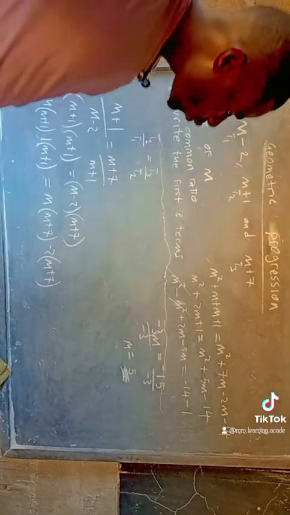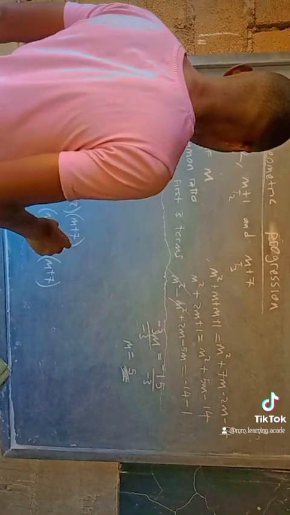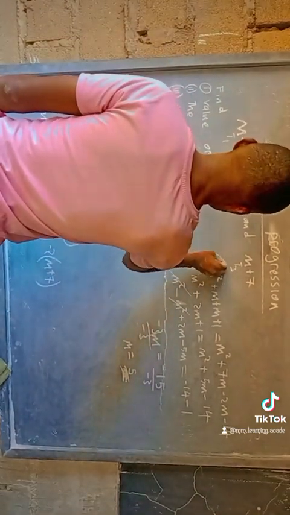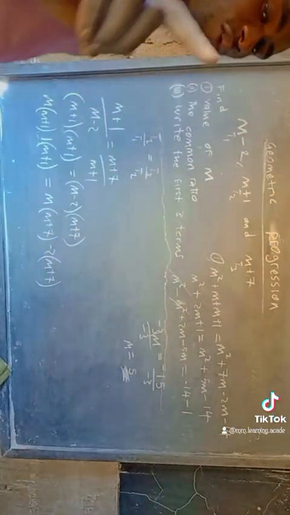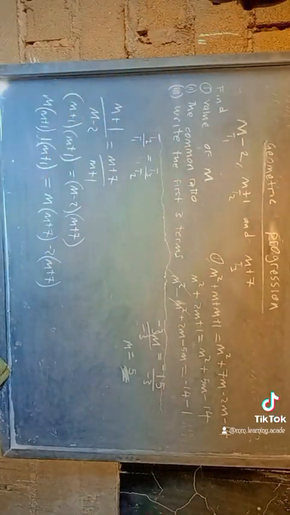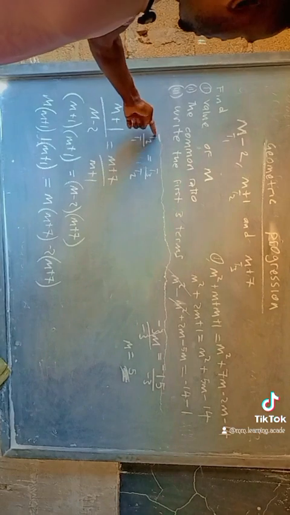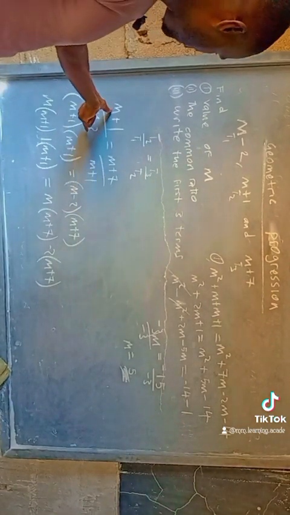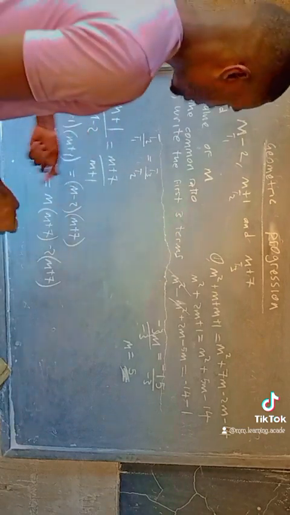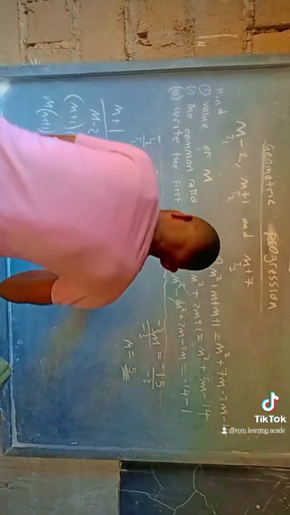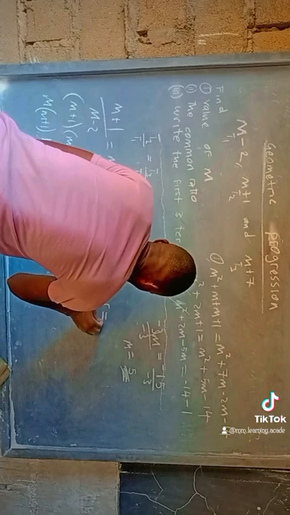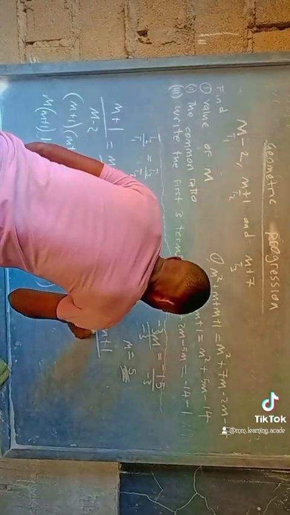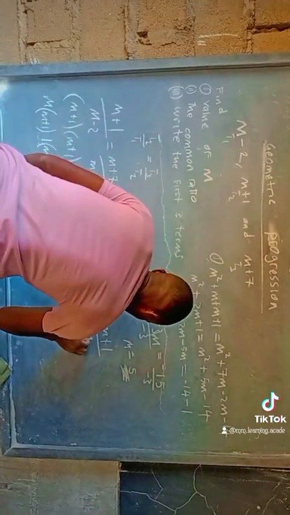Now, if you want to find the common ratio, we said the common ratio is equal to term number 2 over term number 1. We can just pick one of these and divide. So r gives us m plus 1 over m minus 2.